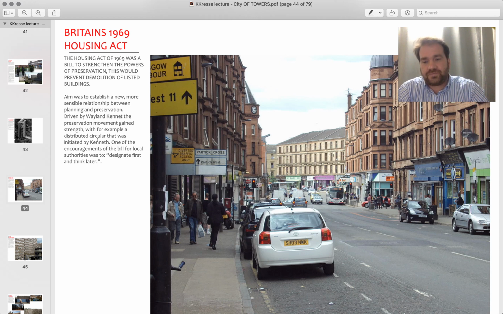And so in that sense, this Housing Act of 1969 led to a preservation frenzy. Parts of the cities were starting to be put under preservation that were not really of a deep cultural or historic value.